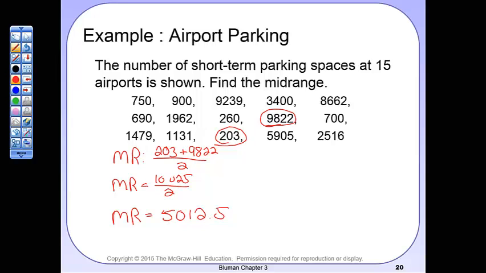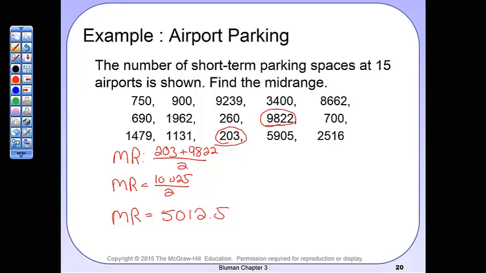Now, if you look back through your notes, our measures of central tendency for the airport parking have had a wide range. Our mean, if you recall, was 3,174.6. Our median for the same data group was 1,479.